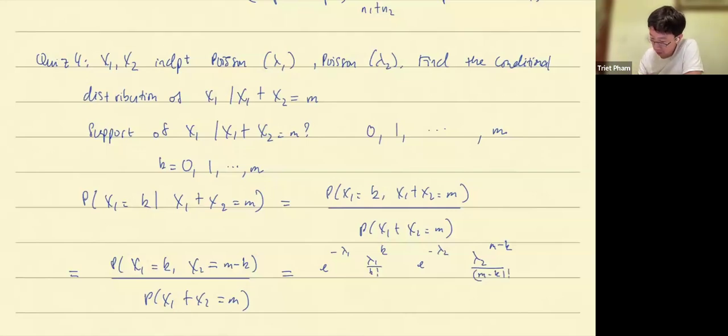That's the numerator. What about the denominator? How do we deal with this?